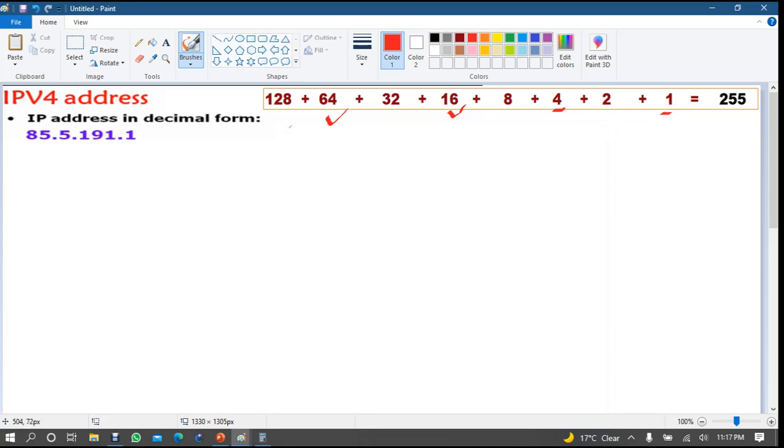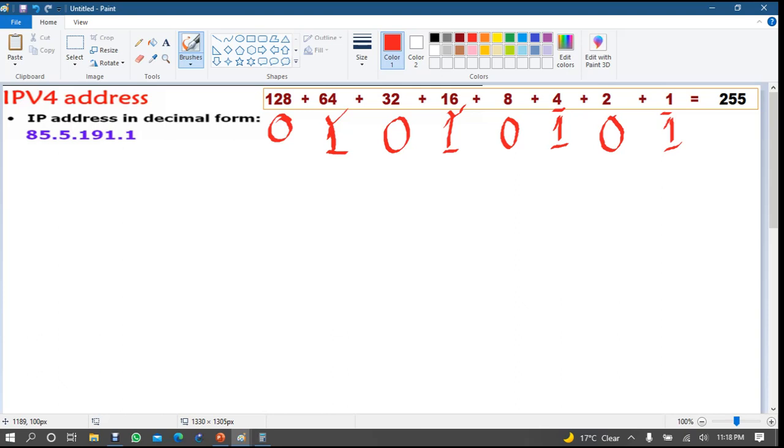Now tell me, did you use this 128? No, so you have to use 0 there. 64 was used, so 1. 32 no use, 0. 16 was used, so 1. 8 is 0, 4 is 1, 2 is 0, 1 is 1.